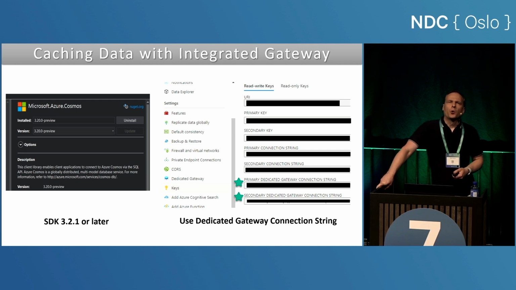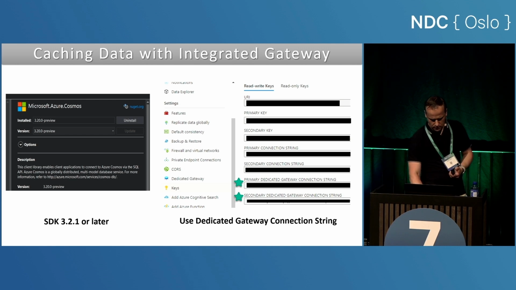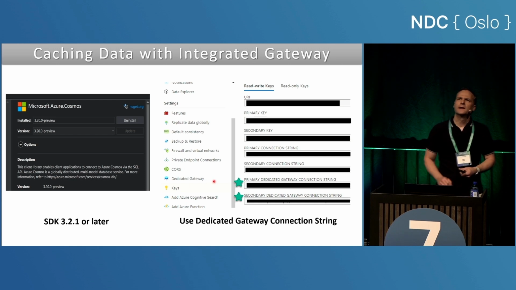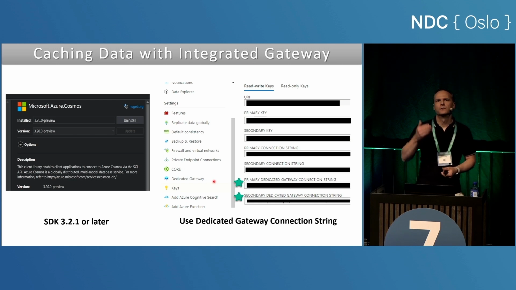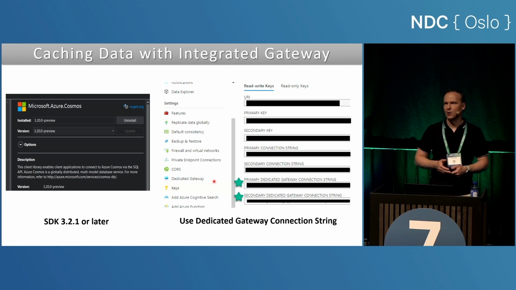So how do we make that work? First of all, your SDK needs to be 3.2.1 or later. And you first need to go and configure the dedicated gateway server. I'm not sure if you can see it here, but right here you have to actually pick the size of the server you need. It's going to be small, medium, or large.